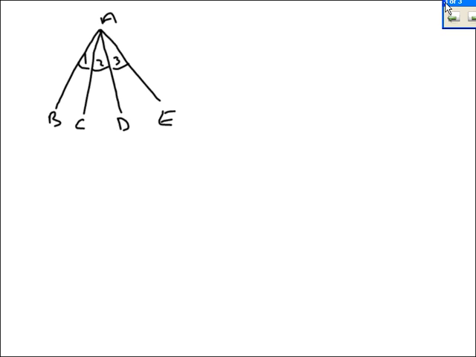Suppose you were told this. Suppose that you are given this figure. You are given a figure like this. Angle 1, angle 2, angle 3. A, B, C, D, and E. And you're given the diagram.